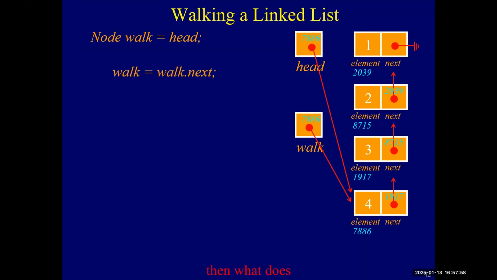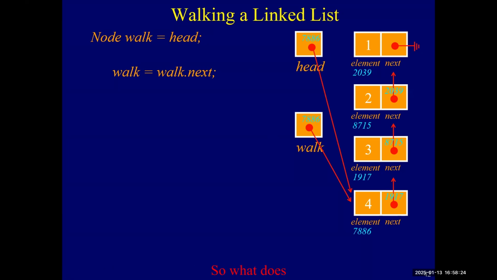And then what does walk equals walk.next do? It says, I want to change the value of walk. And what do I want to change it to? I want to change it to walk.next. What's walk.next doing? Well, it's pointing here. So now I want walk to point here.